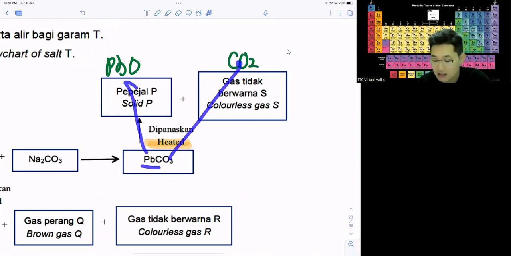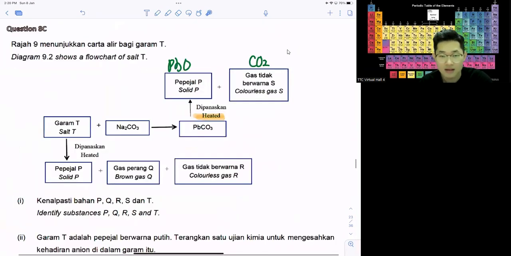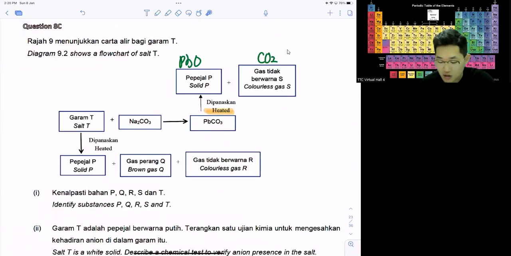Okay? So they are asking me, what should be the T? You see, they want me to find the reactant. This is one of the reactants to produce PbCO3. So what I can do is I use the cross.